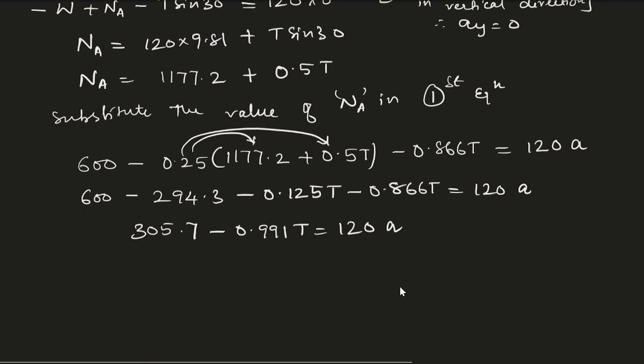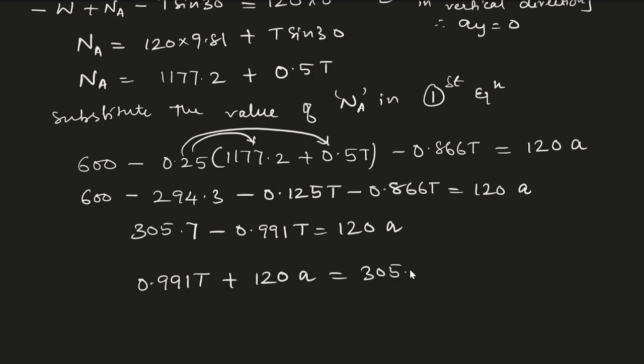So we can take that T to that side and rearrange the terms. That is 0.991 T plus 120a will be equal to 305.7. This is your second equation.